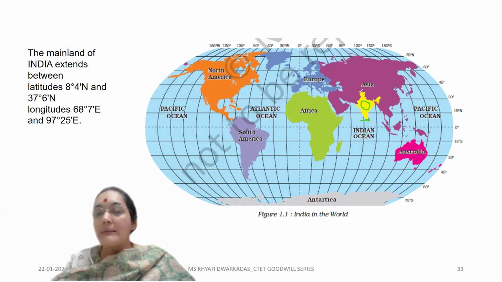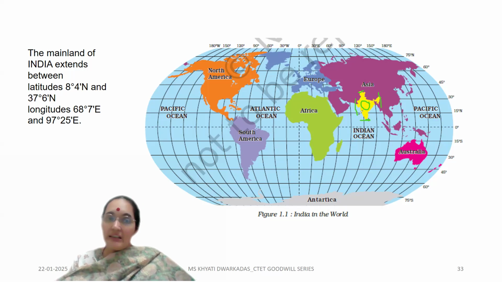And this part of mainland India is at 37 degrees 6 minutes north latitude. The easternmost longitude, this one, is at 97 degrees 25 minutes east, and the westernmost longitude is at 68 degrees 7 minutes east.